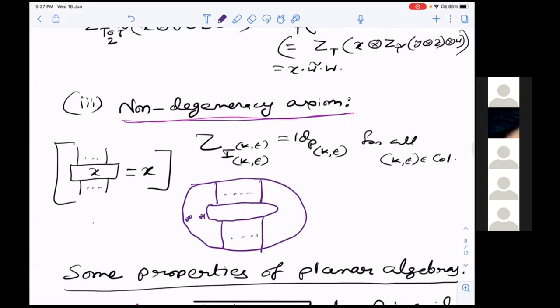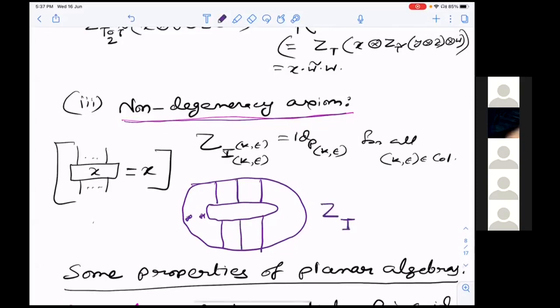Let me just give some example. Suppose k is 3. So this is Z of I_3^+, from 3 plus to 3 plus. This will be the identity of the planar algebra P_3. Let me explain this a little bit.